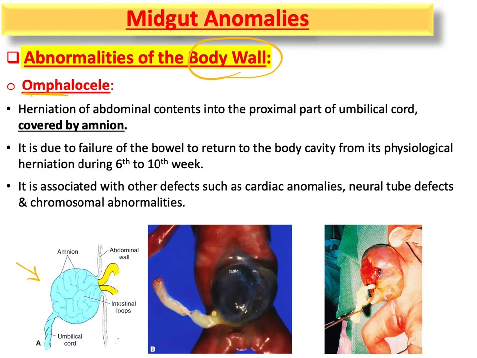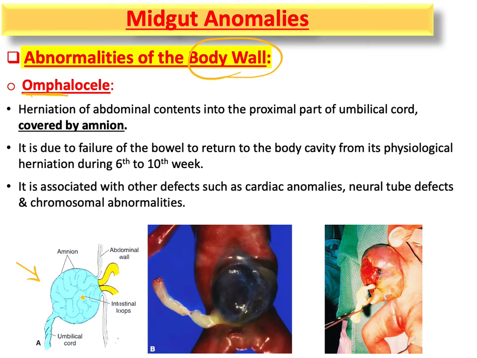However, it contains the abdominal contents. Why did this happen? This is because of the failure of the primary intestinal loop to return to the abdominal cavity, to retract into the abdominal cavity.